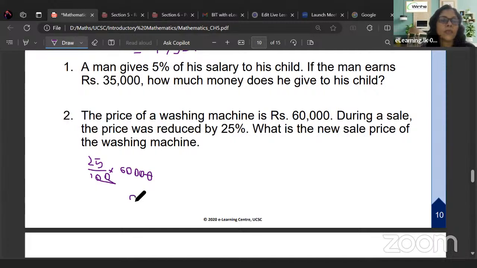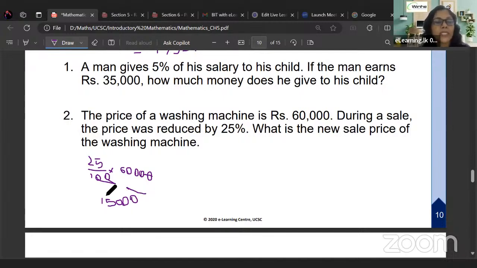Now what is 25% of 60,000? 25% of 60,000 is one fourth of 60,000. So it comes to 15,000. We do 25 divided by 100 multiplied by 60,000, and 25% of 60,000 comes to 15,000.